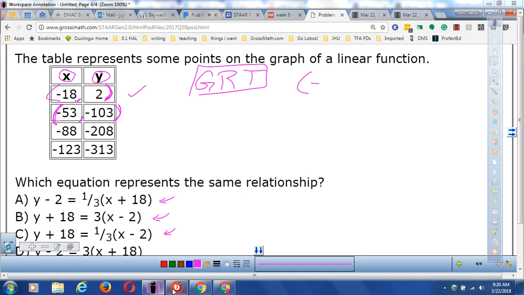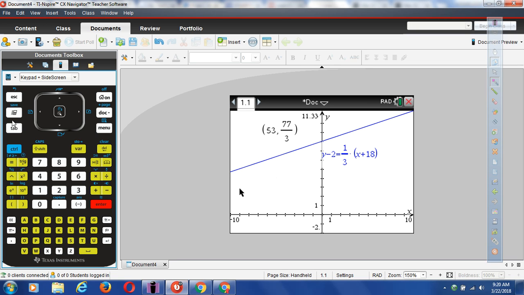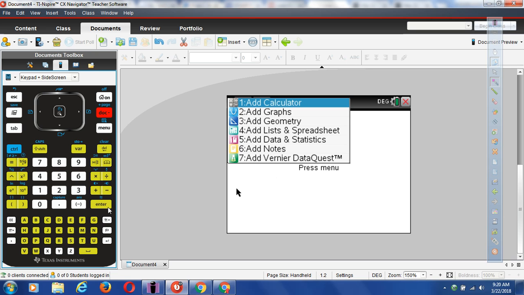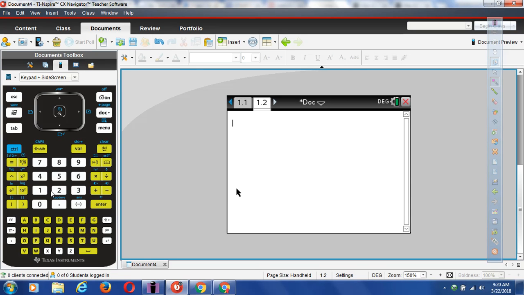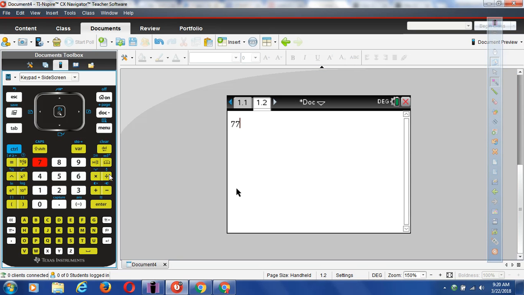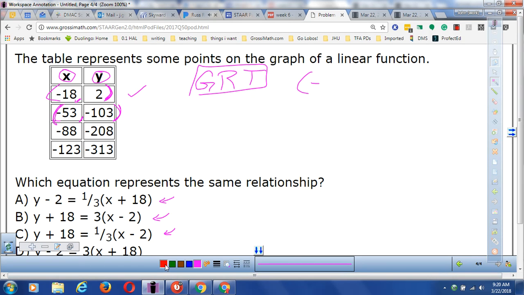Even if you want to double check it to make sure, you can press Control, Document, and go to the calculator. Right there you could put 77 and a 3 on the bottom, put a decimal point, and you'll see that when you change it to a fraction, it is not 103. So that one must be incorrect. Okay, so right there, that one's out.